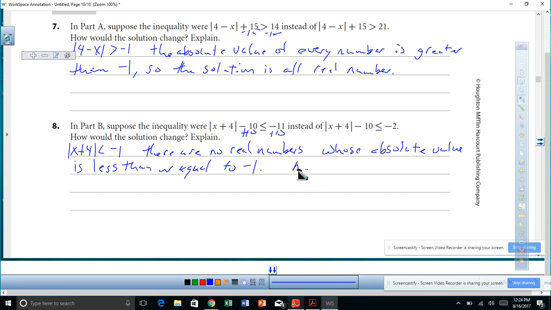So there is no solution. So this one here was all real numbers, and this one here is no solution.